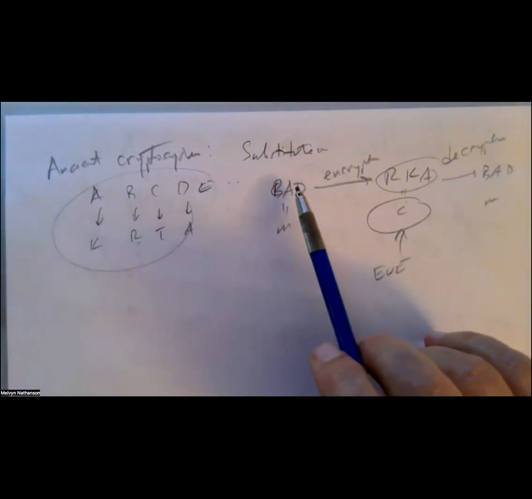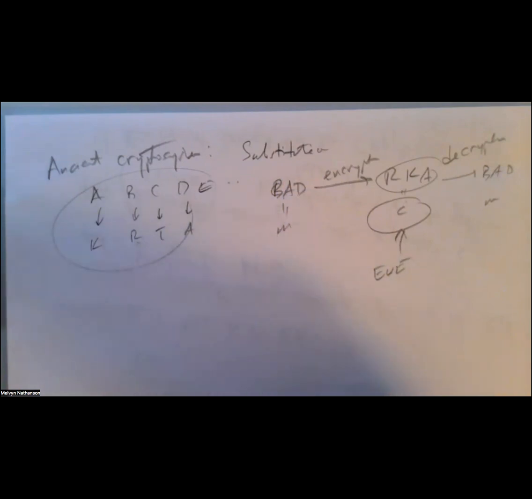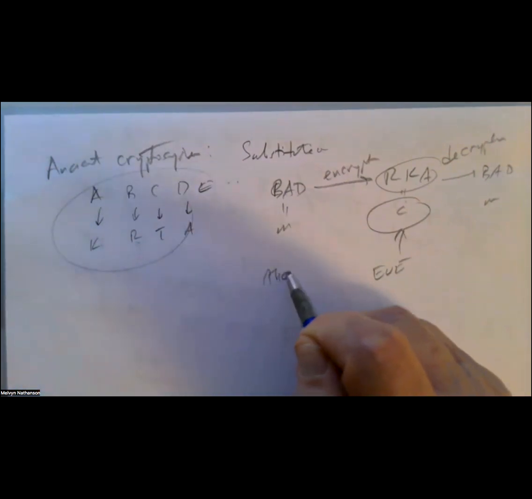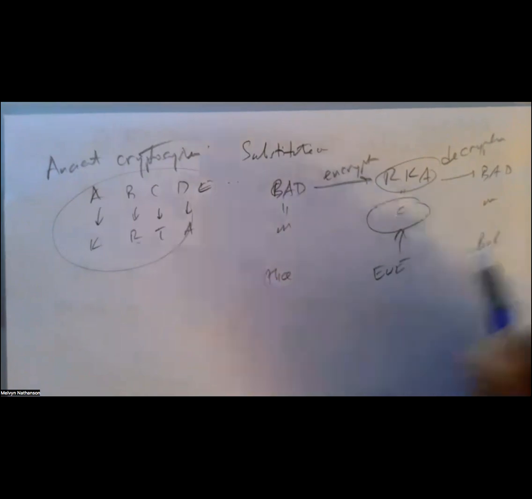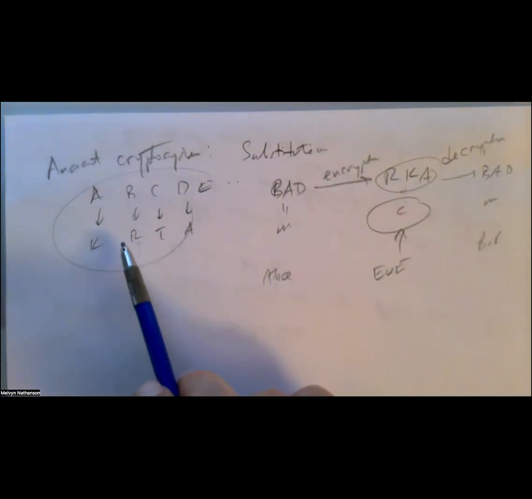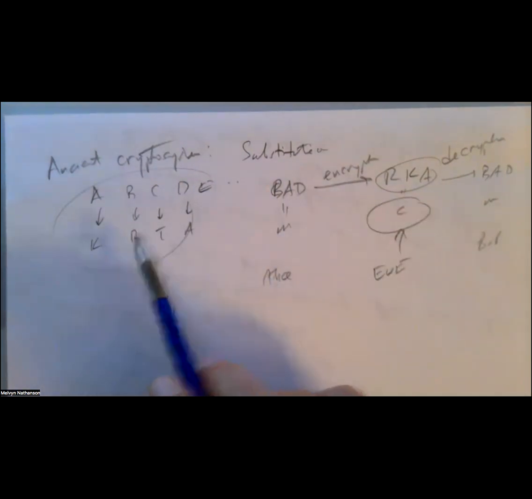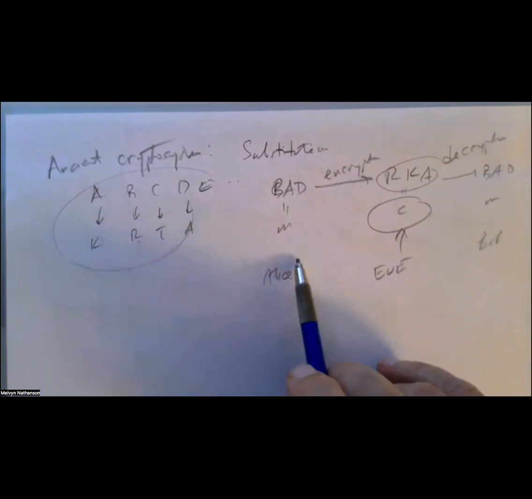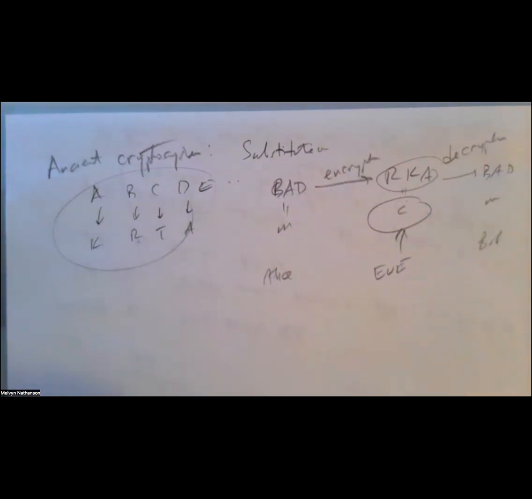So the security of this system depends on Alice and Bob knowing how to encipher and decipher, but Eve doesn't know. Of course, how do Alice and Bob know what the system is? Well, they have to start out by knowing it, or one has to send it to the other.